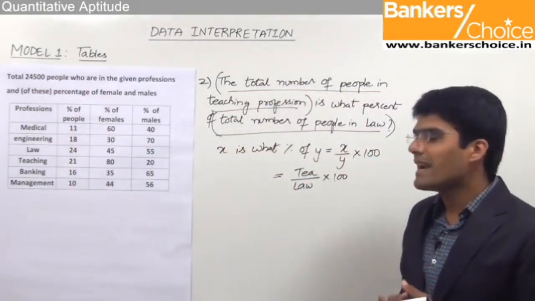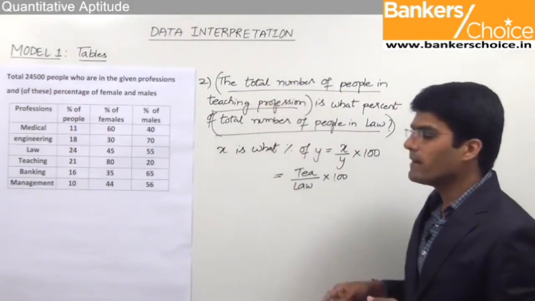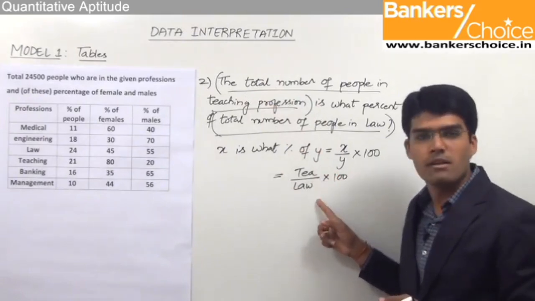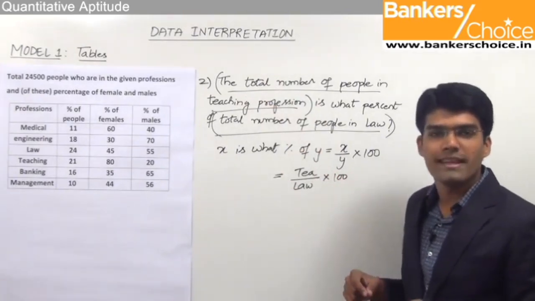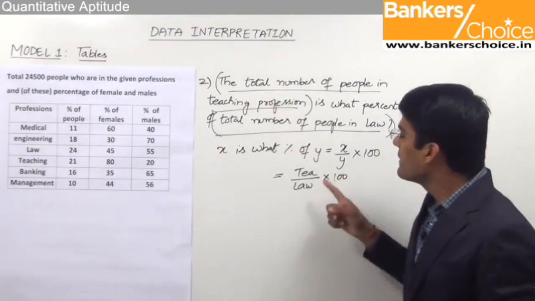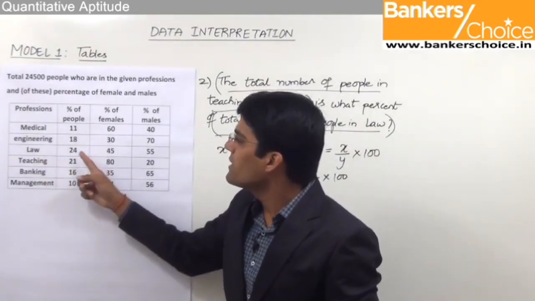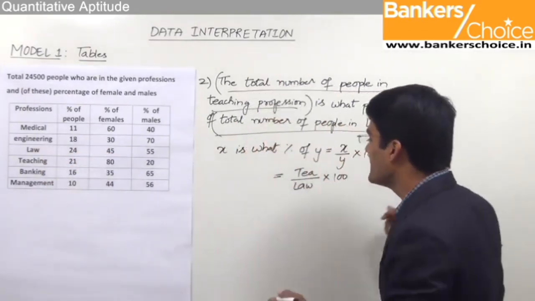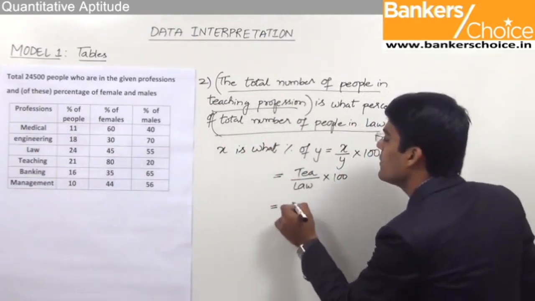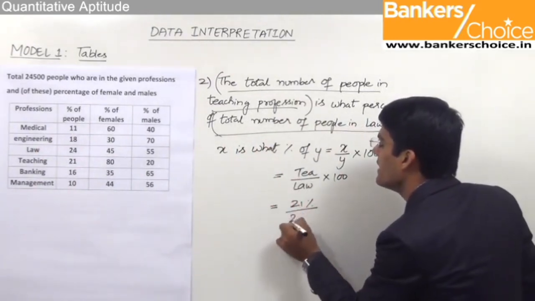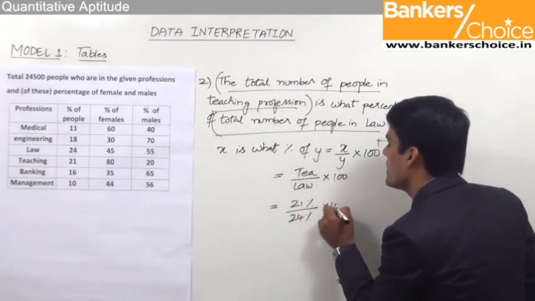But again we can understand that the 24,500 is common for numerator and denominator. So that anyway is going to get cancelled. So the only values that will affect the answer here are 21% for teaching and 24% for law. So we can directly say that the answer here will be 21% divided by 24% into 100.